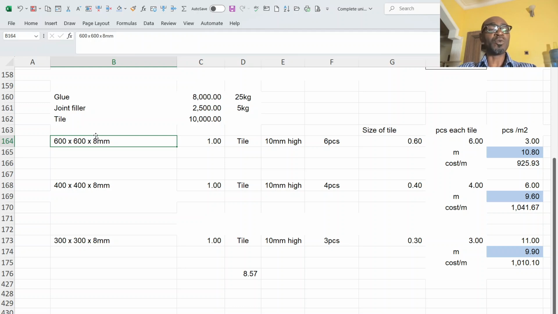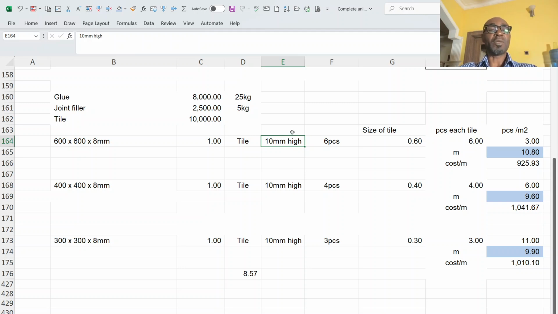The tendency for you to have off cuts is likely. So many individuals will prefer to go with a height that will reduce to the barest minimum the wastages they will incur. So often you see people slice their skirting in 10 cm.